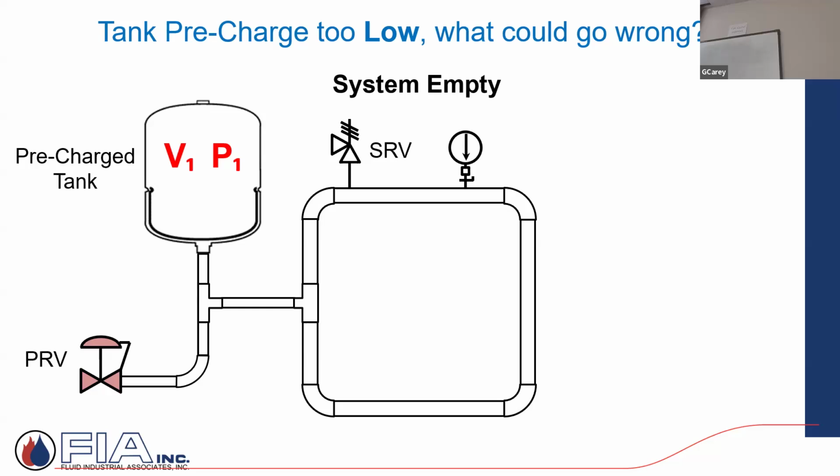So a quick example: if I had the tank installed into a system and I didn't address the pre-charge and it was too low, what can happen? So I have this tank and I've attached it and the system is empty. Again, simple little drawings, can be a big commercial system, doesn't matter.